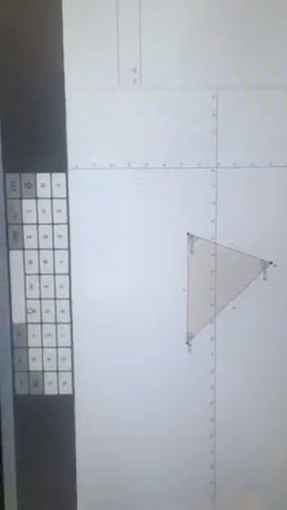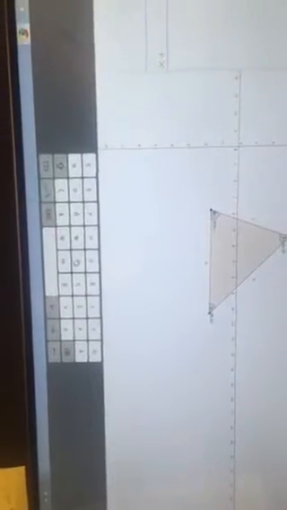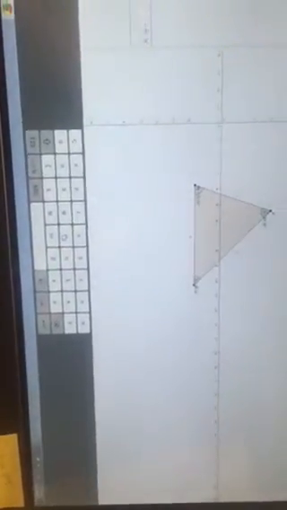So we created, what was it? Beta, gamma, and delta. So we're going to have beta plus gamma plus delta, sorry, not alpha, it's delta.